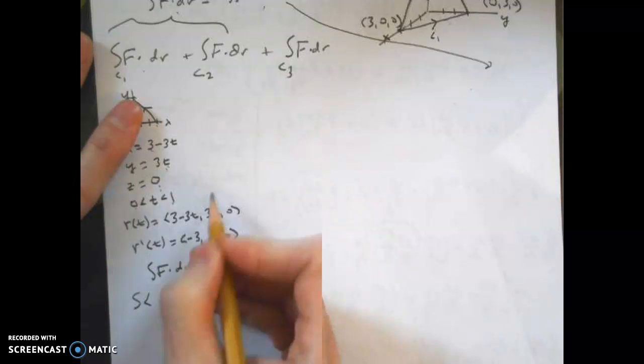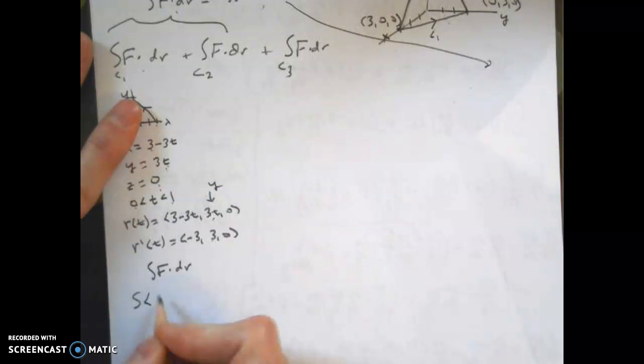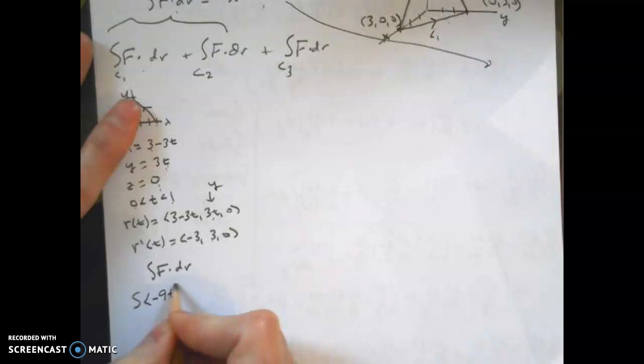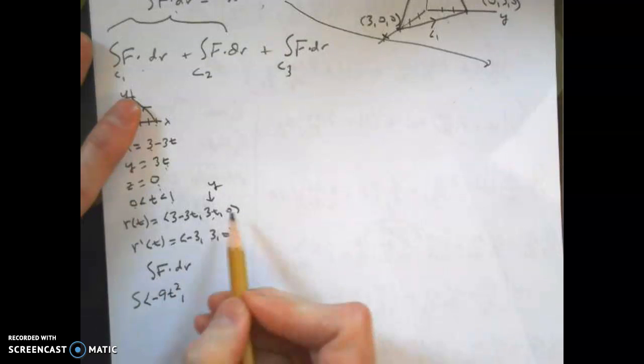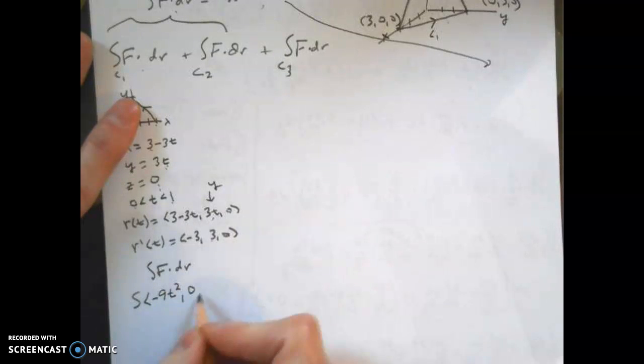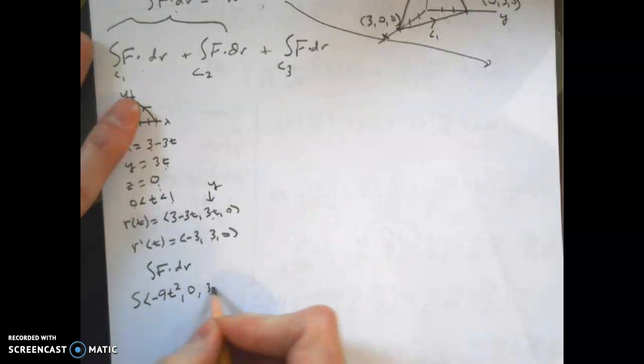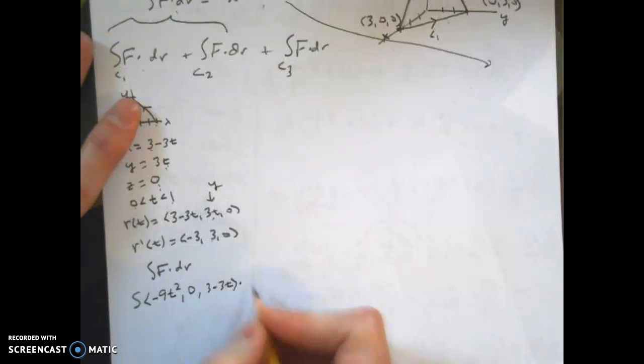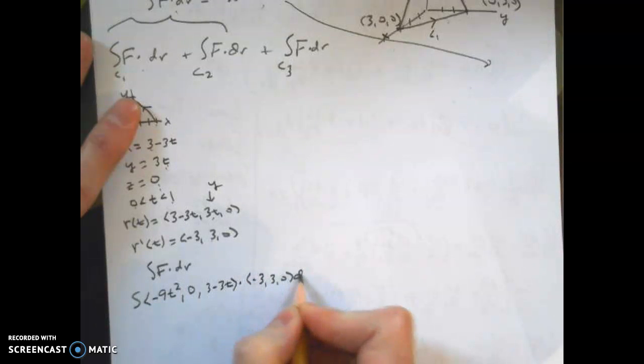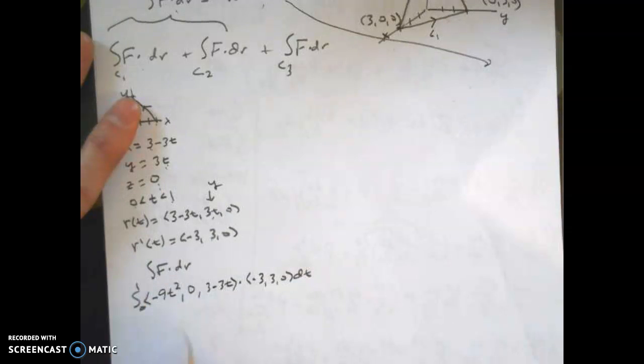So negative 9t squared, z which is 0, and then x, 3 minus 3t, dotted with r prime of t, negative 3, 3, 0, dt, with t going from 0 to 1.